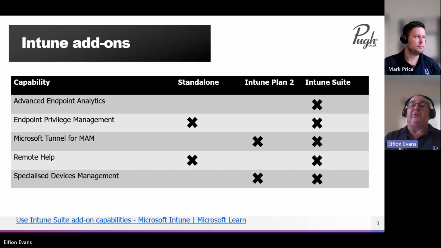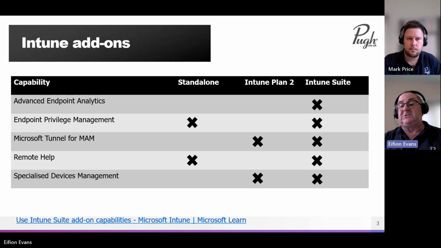So you can require multi-factor authentication as part of the remote help instance. And you can also get device compliance warnings for your technicians before they assist the users. It doesn't stop you assisting the users, but it makes you aware that there may be issues in terms of compliance on that device.